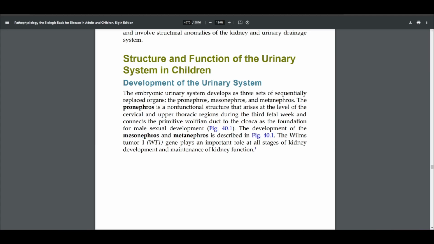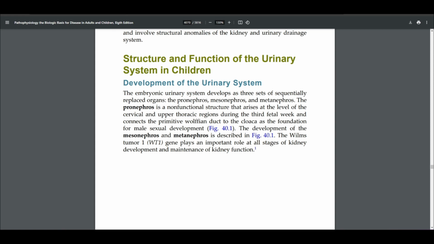So, structure and function of the urinary system in children, the development of the urinary system. The embryonic urinary system develops as 3 sets of sequentially replaced organs: the pronephrons, the mesonephrons, and the metanephrons.